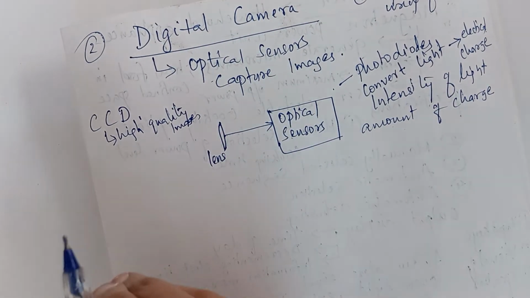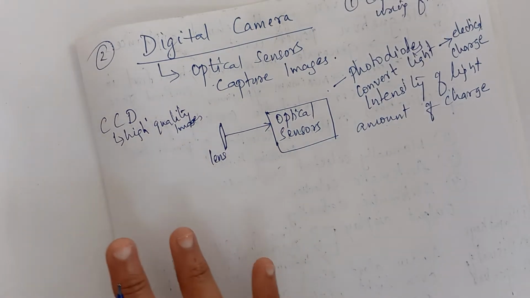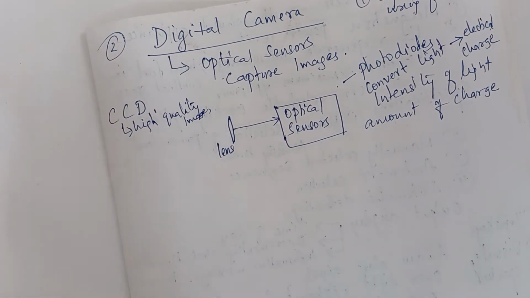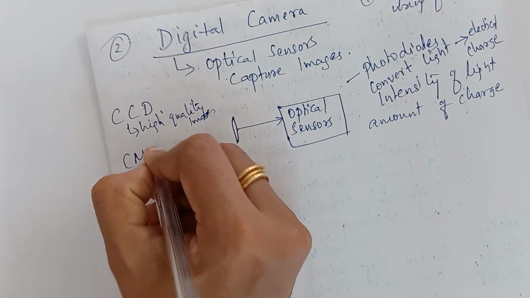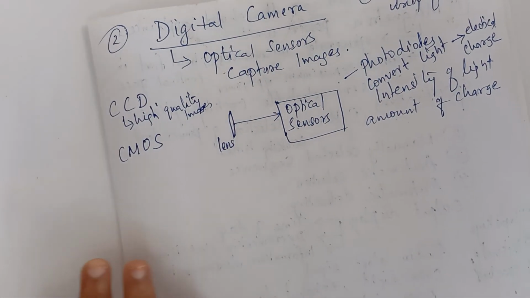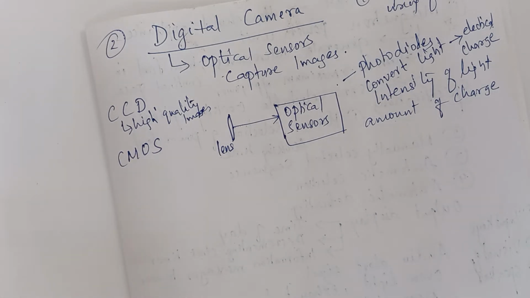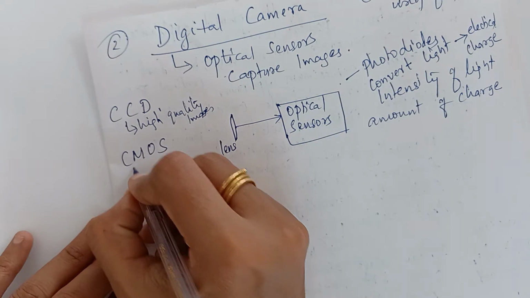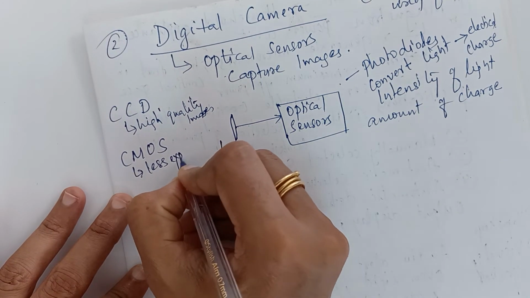So charge coupled devices were the first type of sensing devices used in digital cameras to give high quality images, but recently sensors based on CMOS technology have been developed, and they are less expensive.